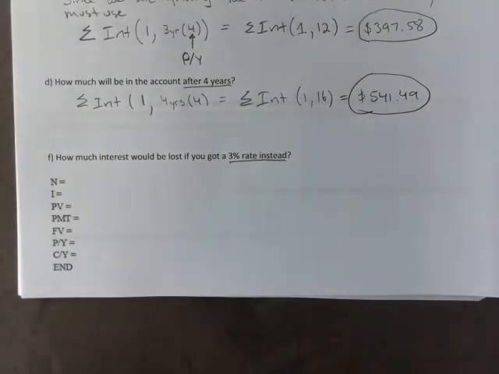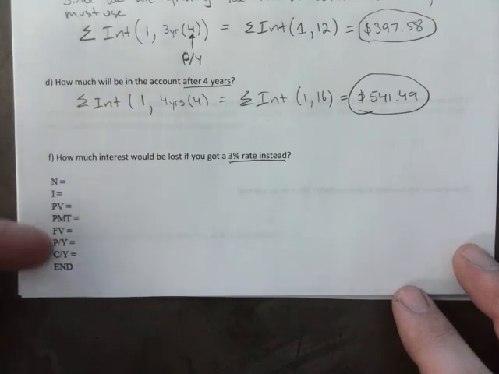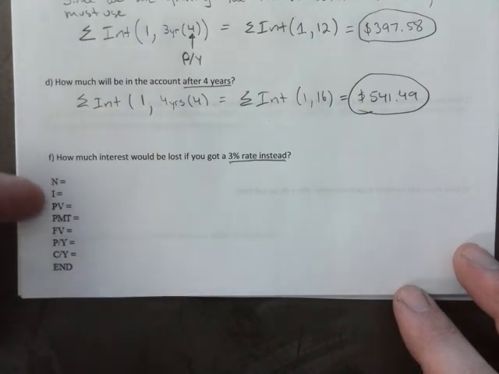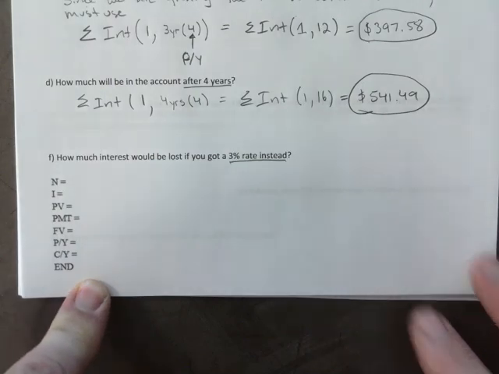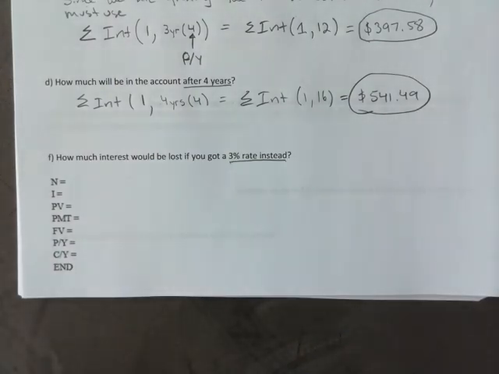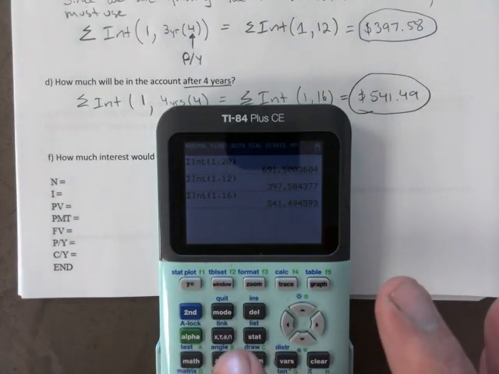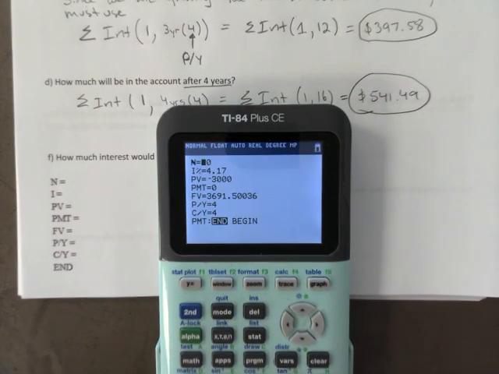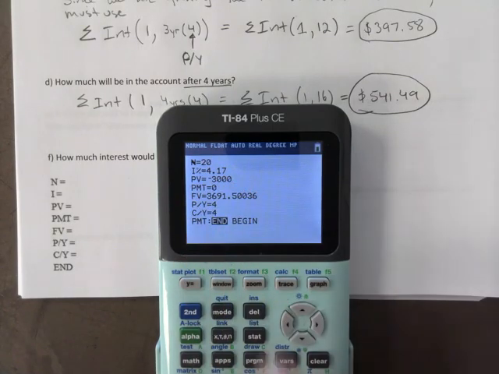So you copy paste most of the values. One of the key things is to always show us, if you're using the TVM solver, you have to show this every single time, this whole thing, if you want to earn marks. That's part of your work shown, okay? For this to work, we're just going to change the interest to 3.